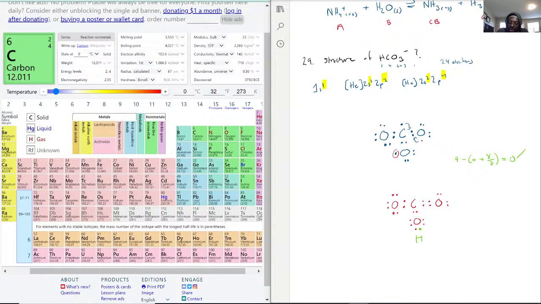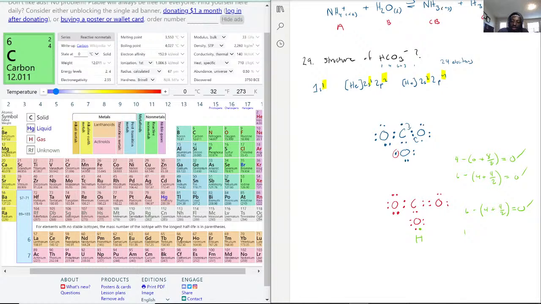So now oxygen, let's try this left side first. It'd be 6 minus, okay, just to make sure I'm doing the math right. 6 minus, it has 4 lone pairs, plus 4 over 2 because it's sharing 2 there, also equals 0. Okay, and now for the oxygen with the hydrogen, it's going to be 6 minus 4 lone pairs, and it is sharing 4 electrons, so it's also going to be 0. The hydrogen, I'm specifically doing that oxygen in the corner last, and you'll see why.